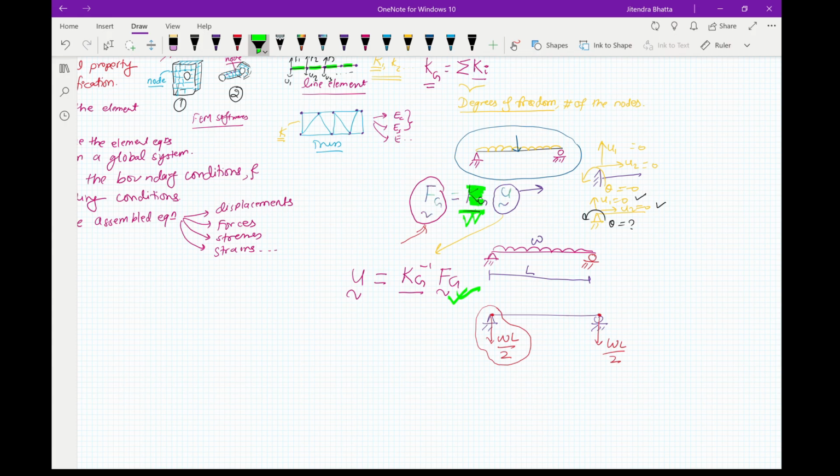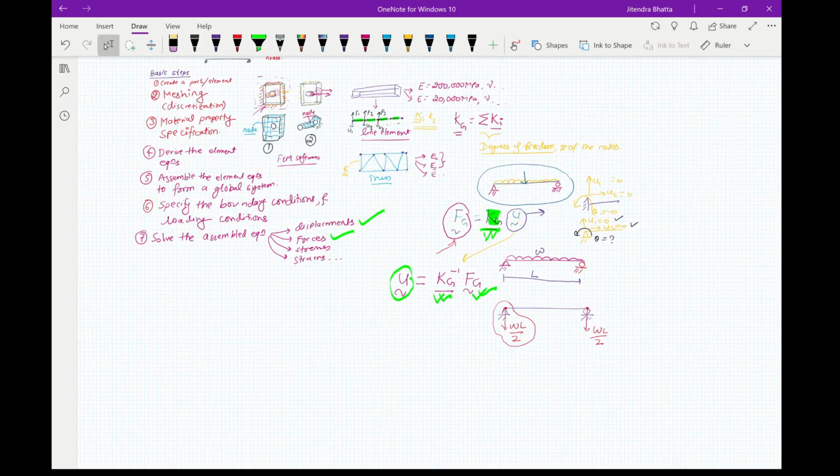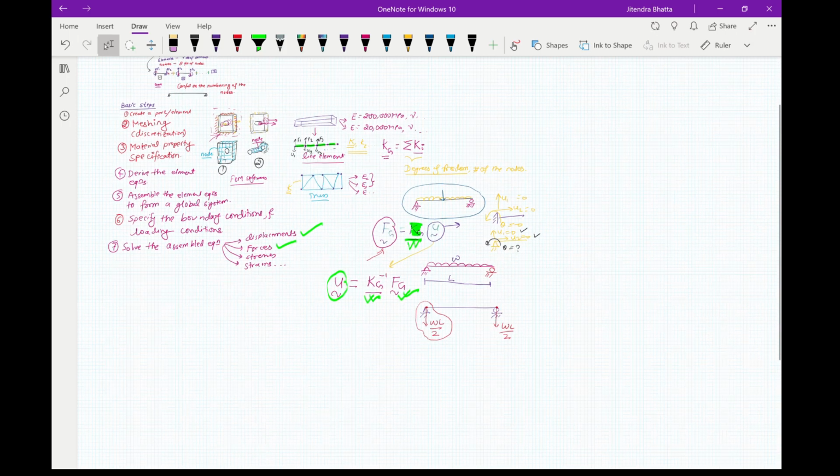Let's say you know all the values in the force vector and you know your stiffness matrix, then you can solve for your displacements. And after you know your displacements, then you can find your forces as well, and so on. So this is the general procedure of solving a finite element problem.